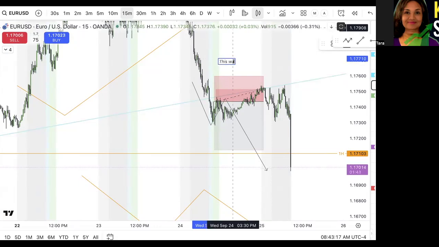This was a successful break and retest of the daily trend line.